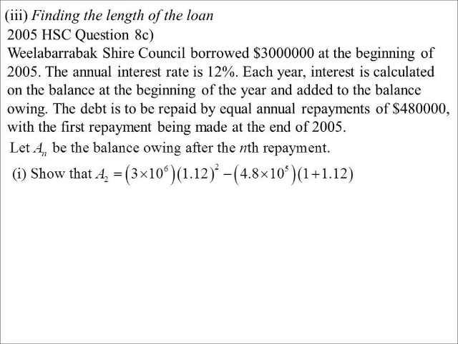This one comes from an HSC. Yes, you've got to admire the humour of the HSC examiners. Do you get it? Think about it. It's a council. Councils do a lot of building work. The name of the council is Wheeler-barrow back.